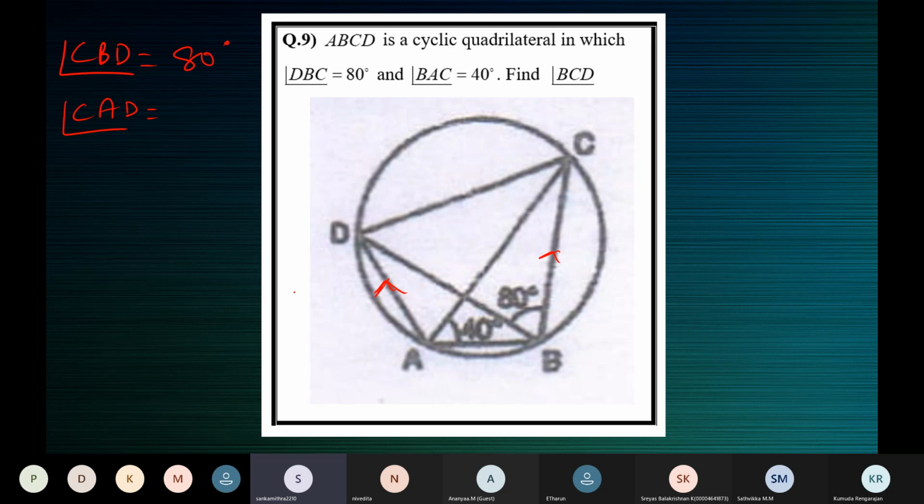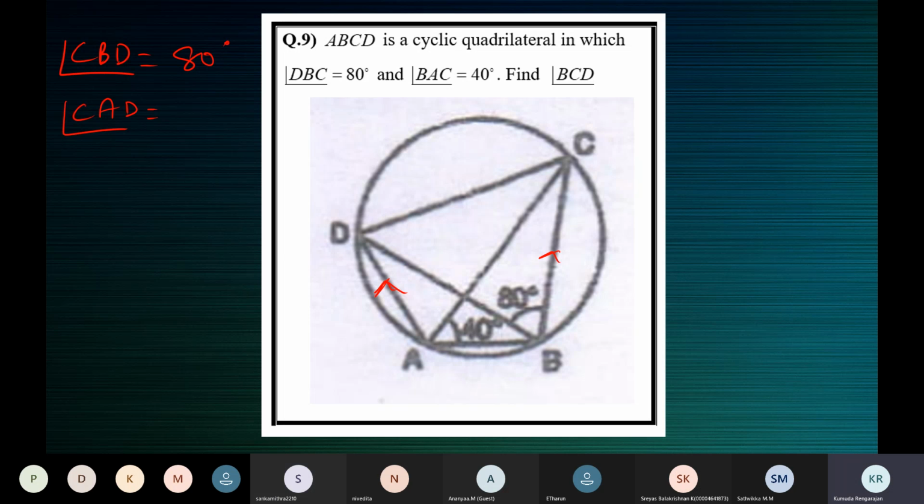They're formed by the same chord, or the common chord. Okay. Which arc makes these two angles? Angle CBD is subtended by which arc? Arc CD, minor arc CD.